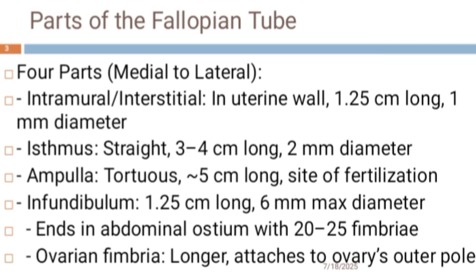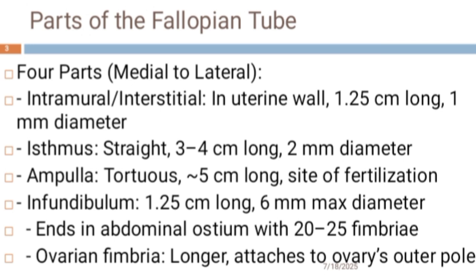It ends in the abdominal ostium, surrounded by 20 to 25 radiating fimbria. One longer fimbria, the ovarian fimbria, attaches to the outer pole of the ovary, ensuring ovum pickup. Each part is specialized, working together for reproduction.